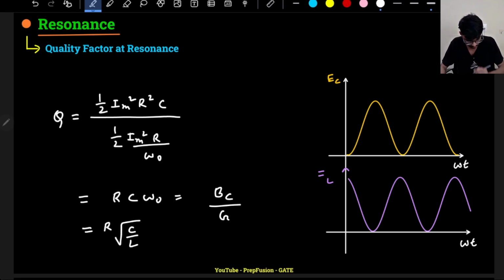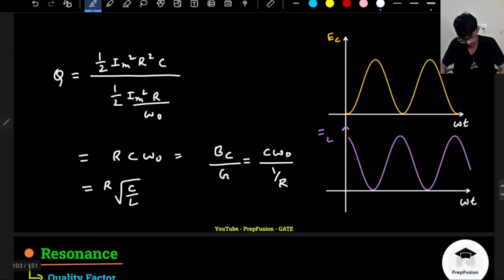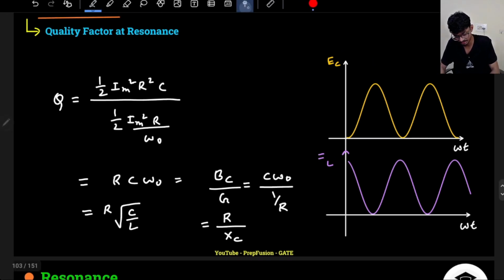This can be written as C omega, the capacitive susceptance, divided by the conductance. There are many ways you can write this, in terms of impedance as well. It will be R divided by XC. Both ways work. This is the energy oscillation, same as whatever we discussed in the previous case. Same thing is happening over here.